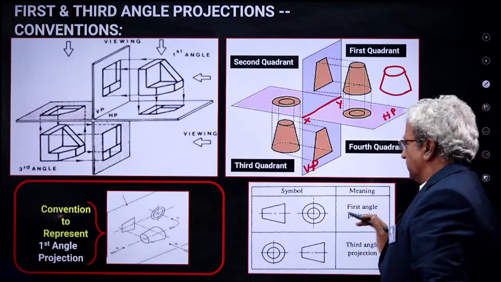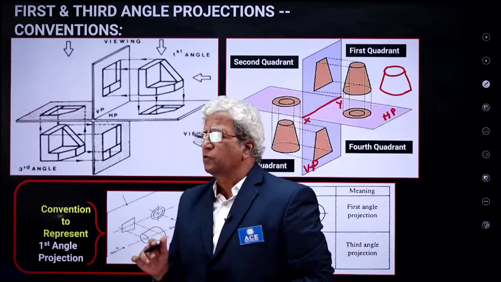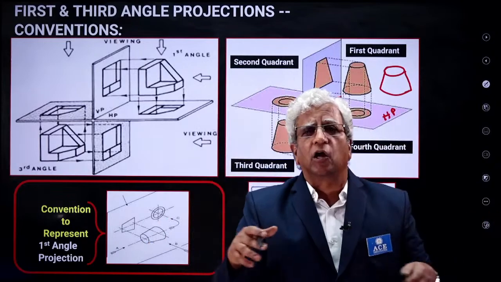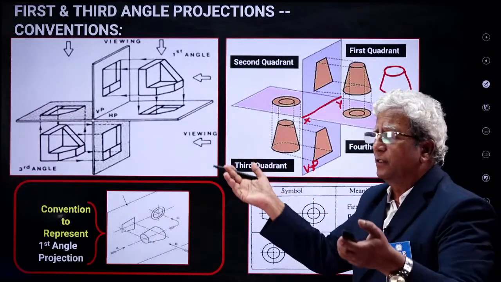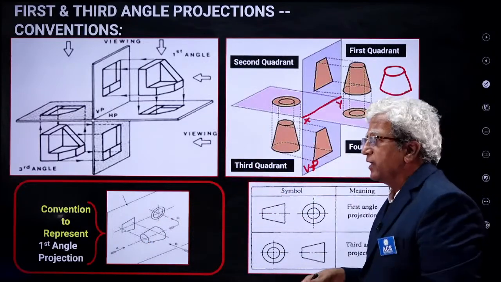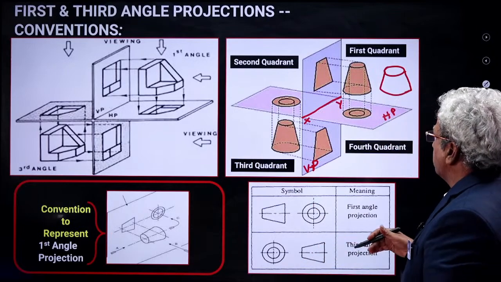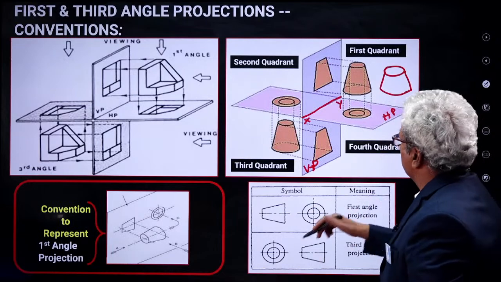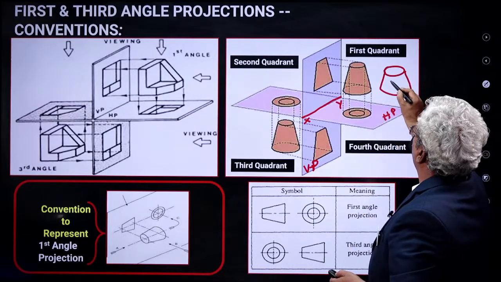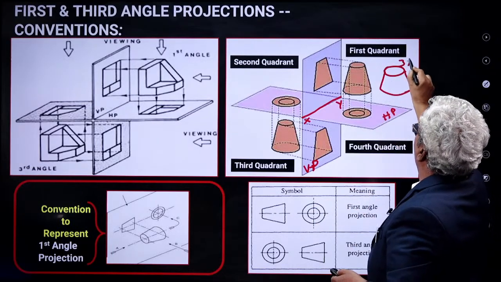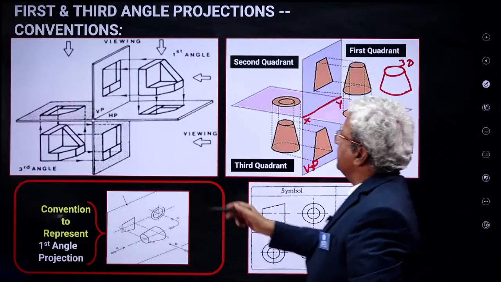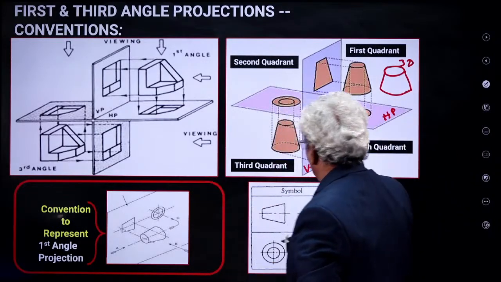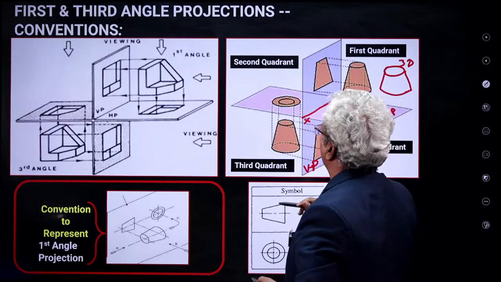Now here the problem is this. From here onwards we should be able to visualize an object and draw the figures. To visualize the object and draw the figure, when the object is a three-dimensional object, but your drawing is only a two-dimensional drawing, is it not so?